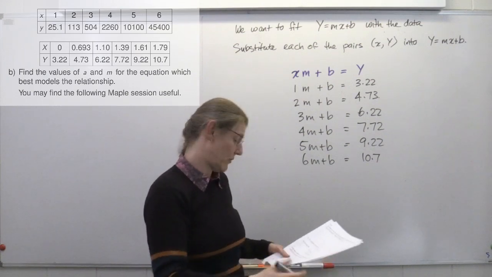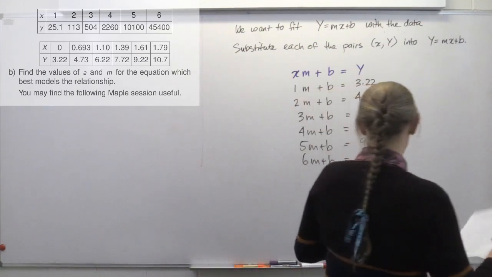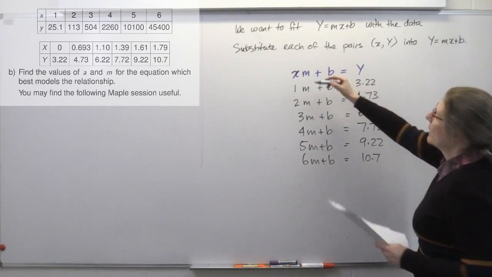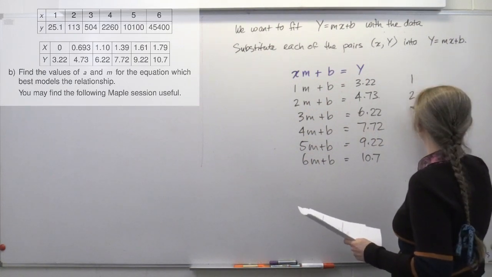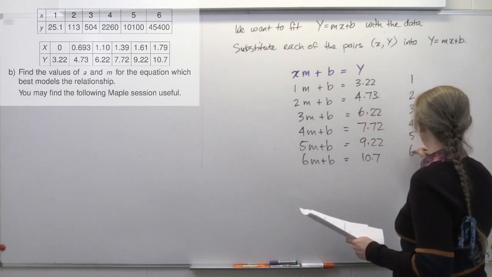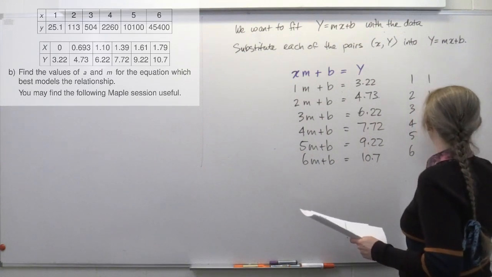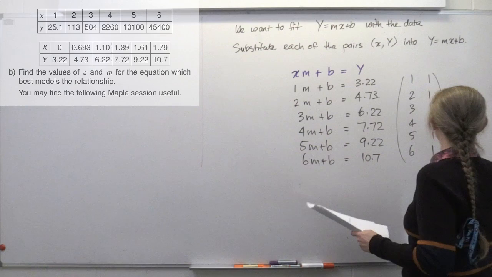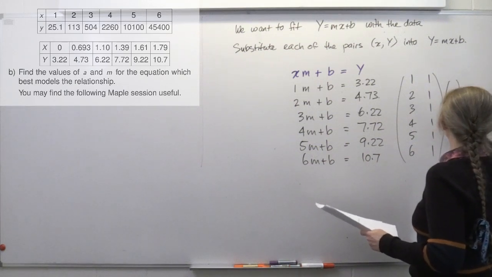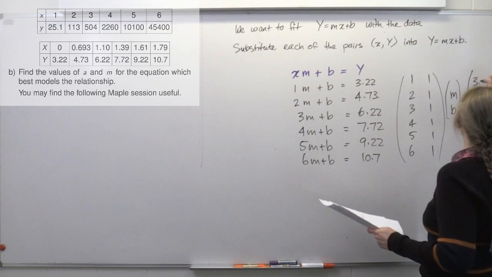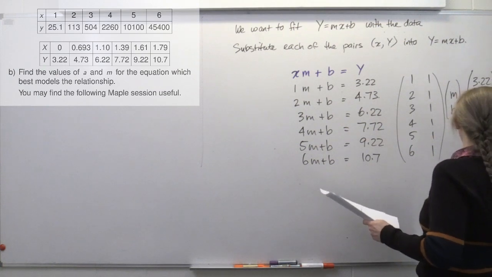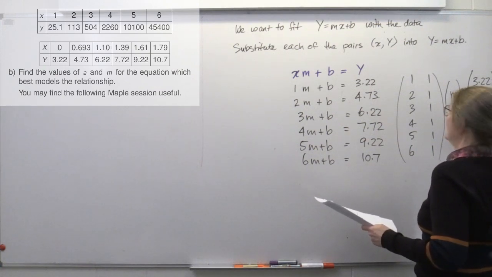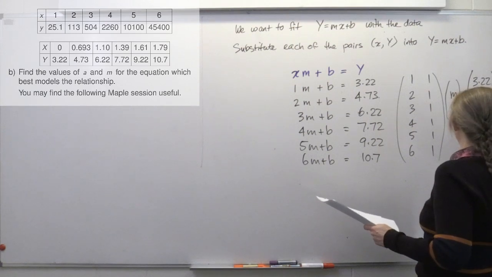So we can write this as a matrix equation. Let's write that over here. We're going to have the coefficients of m and b: 1, 2, 3, 4, 5, 6, and 1, 1, 1, 1, 1, 1, times m, b, is equal to that right hand side: 3.22, 4.73, 6.22, 7.72, 9.22 and 10.7.